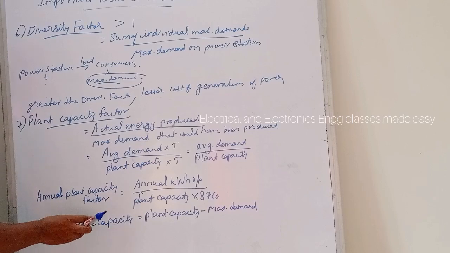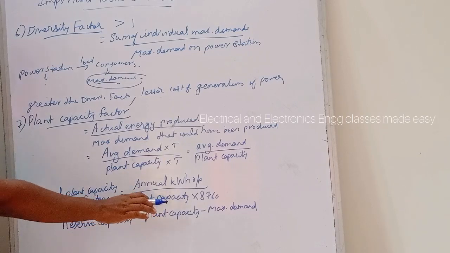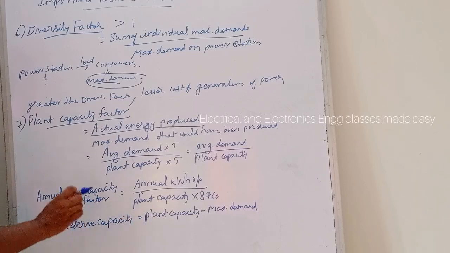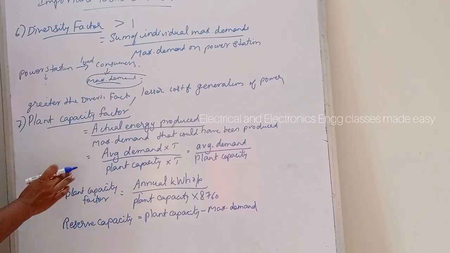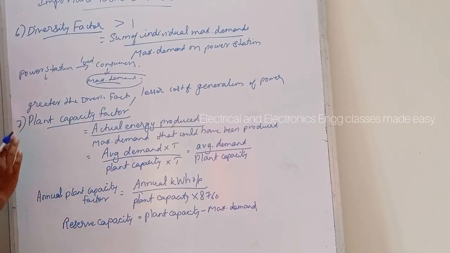So here the difference between the load factor and plant capacity factor is an indication of reserve capacity. If the maximum demand on the plant is equal to the planned capacity, then load factor and plant capacity factor will have the same value.